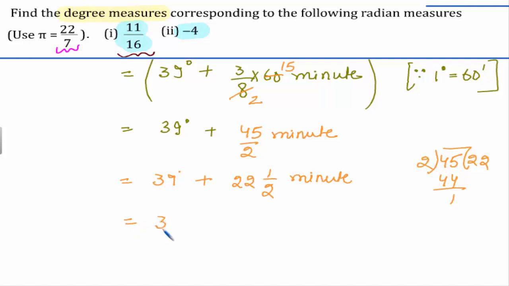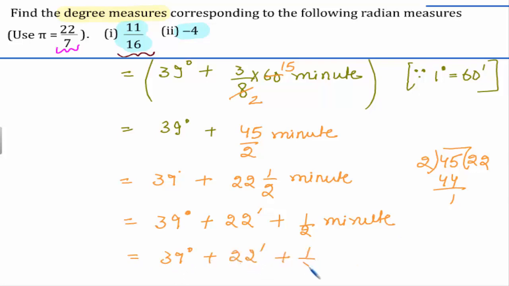So this is equal to 39 degrees and 22 minutes plus half minute. This is equal to 39 degrees plus 22 minutes plus half into 60 seconds. Since we know that in 1 minute there are 60 seconds.